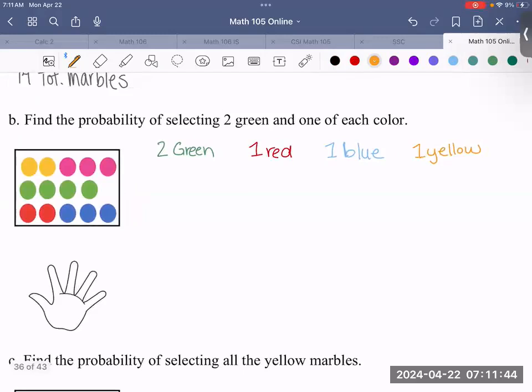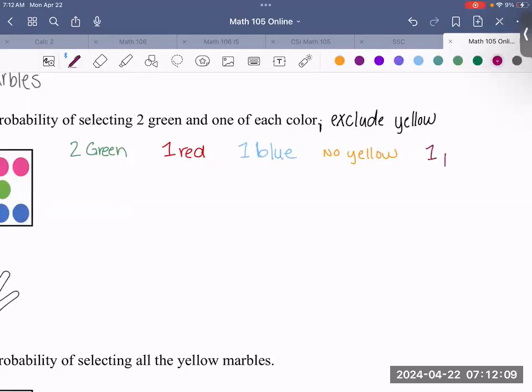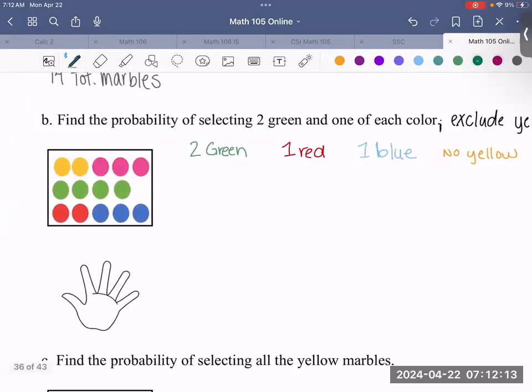Oh, I must have said, I even see it on my notes here. I'm going to say excluding, gotta now update these notes again. Exclude yellow. So excluding yellow, I don't want any more yellow. No yellow. And that will act as pink, 1 pink. Okay. So it's very specific.